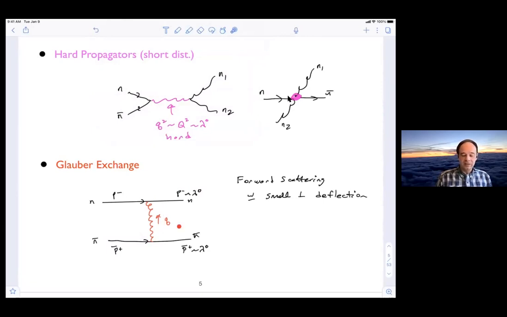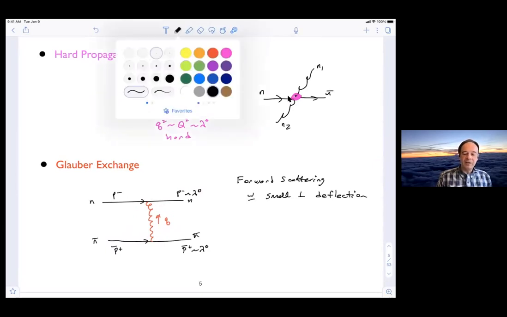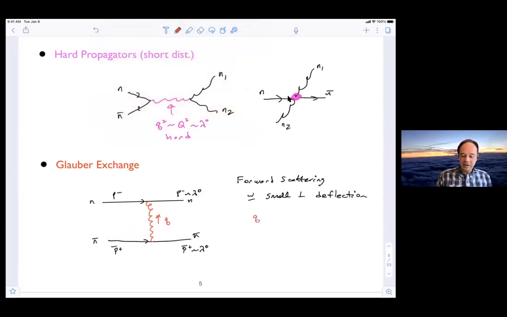So this red gluon here is called a Glauber gluon, and it has the property that its plus momentum times its minus momentum are much smaller than its perpendicular momentum. So it's kind of dominated by transverse momentum, and it acts like a transverse potential in this scattering.